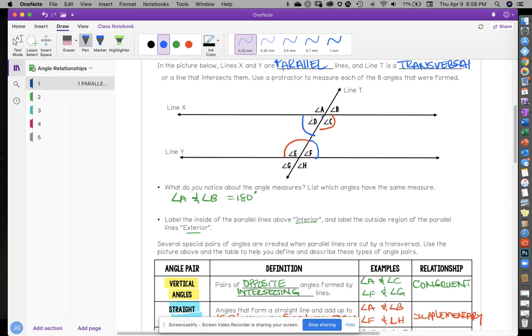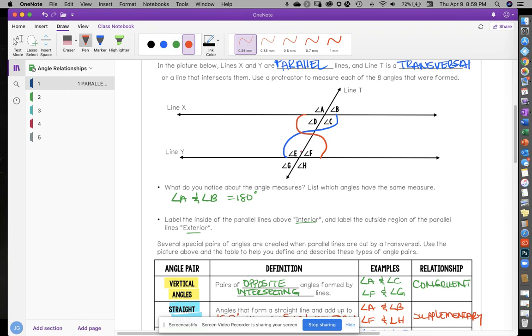They're on the opposite sides. So here's a transversal, okay? And they're going to be opposite of each other. One thing I like to think of them as, I tell students it creates an S type shape. So if I start here and then go here, it makes an S type shape. The other one would be here to there.